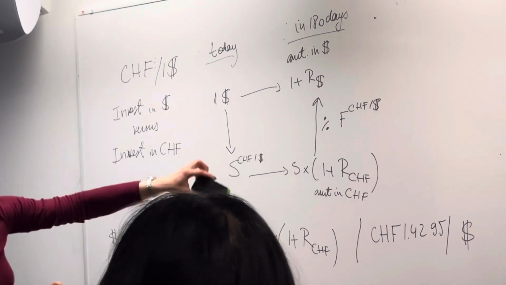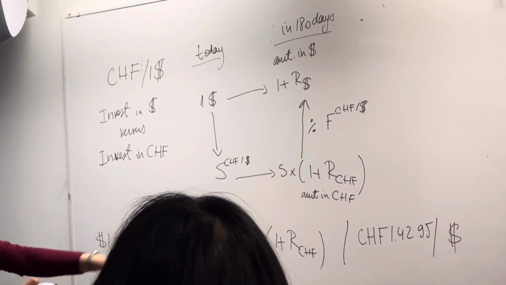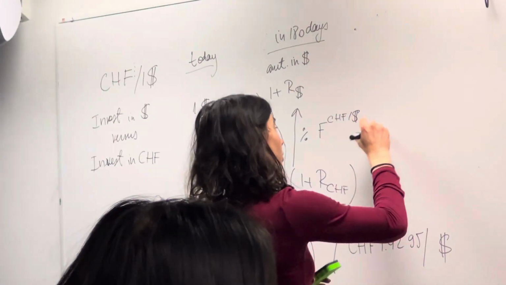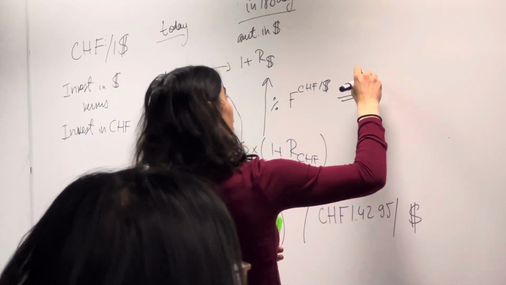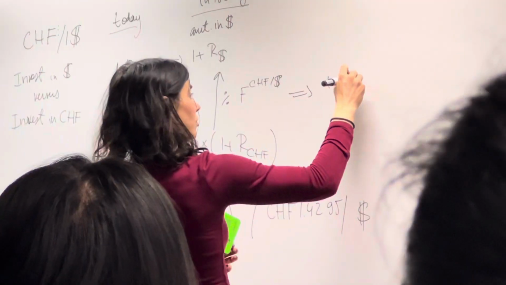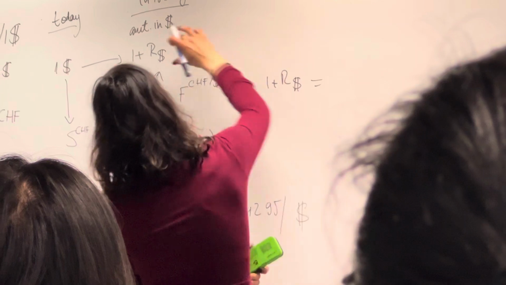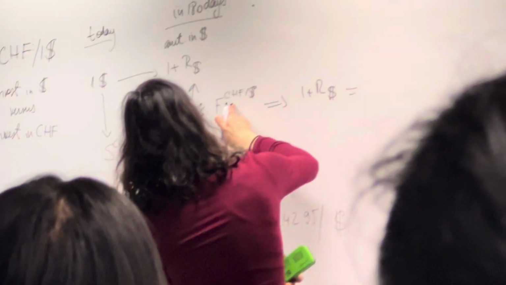So this is what we're doing. This is the equation. Or we can generalize it in symbol terms. We have 1 plus r dollars, which should be equal to this amount converted.